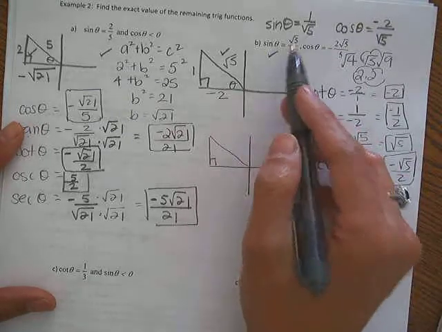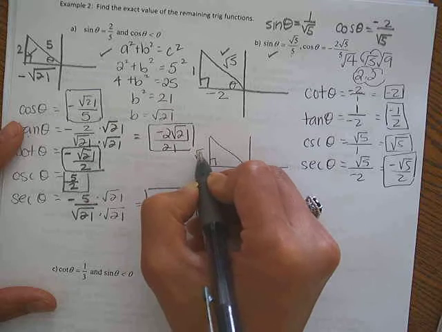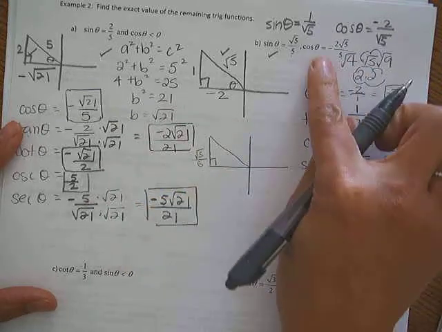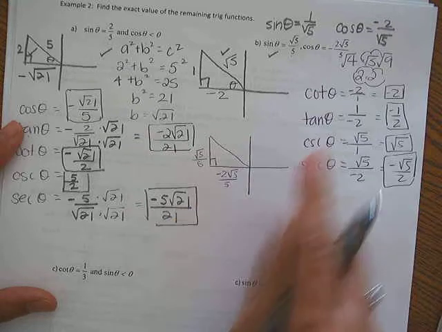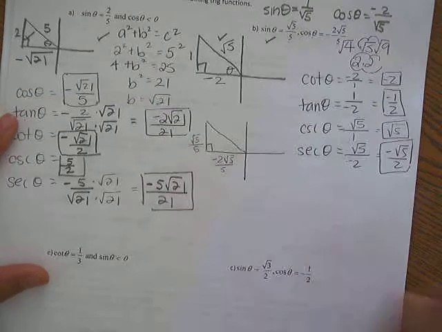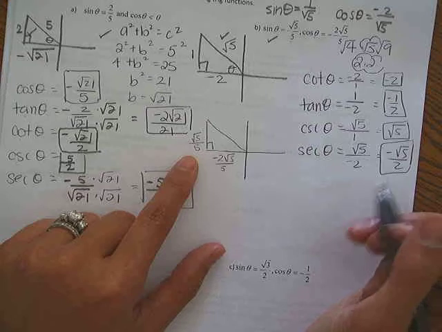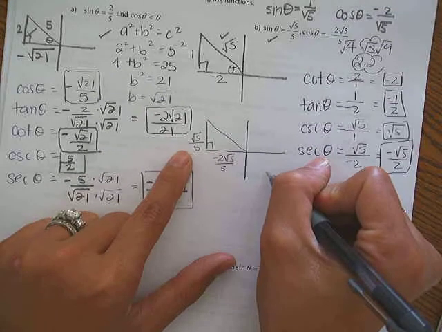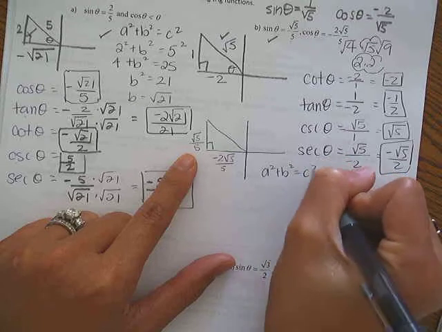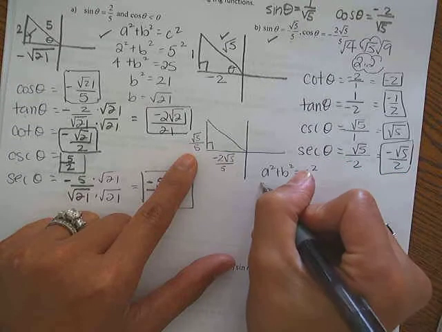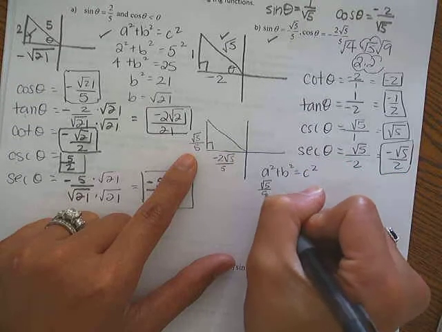So this is sine, which is similar to your y. This is cosine, so similar to your x. Then from here, I just have to find the hypotenuse using the Pythagorean theorem. So here we go. A squared plus b squared equals c squared. So this is square root of 5 over 5 squared.